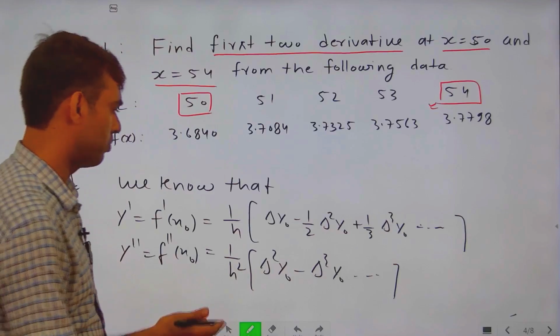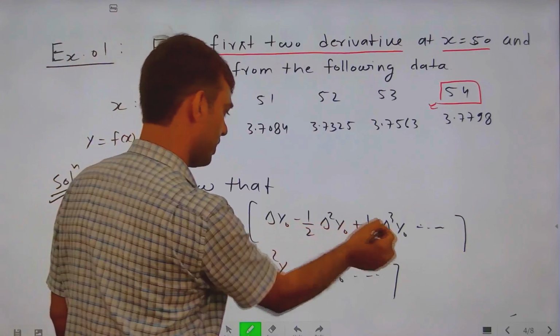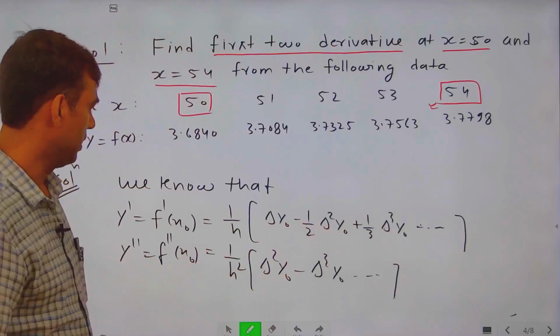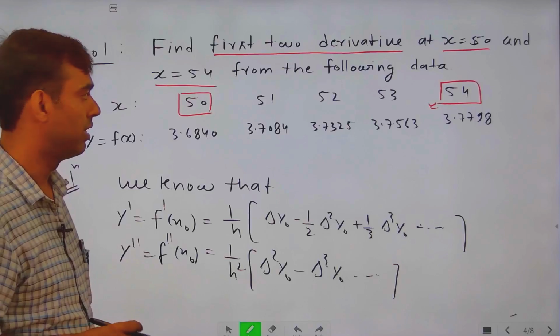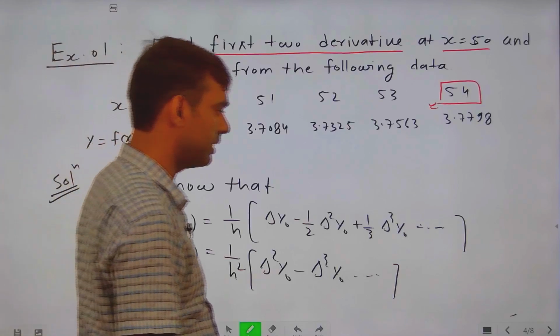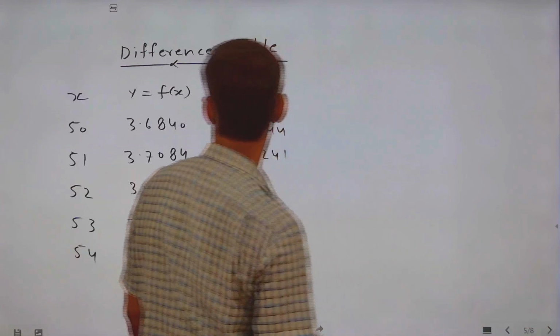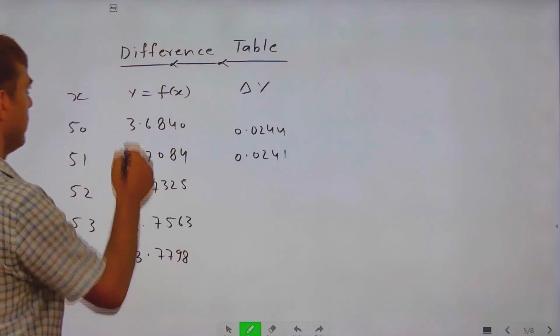In order to find the values of del y0, del 2 y0, del 3 y0, there is a need for a difference table. To save time, we have already constructed the forward difference table here.